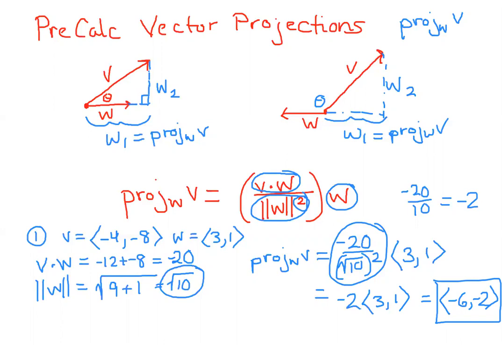All right, let's look at number 2. V equals -7, -9, and W equals 9, -3. Okay, we got to find the projection.